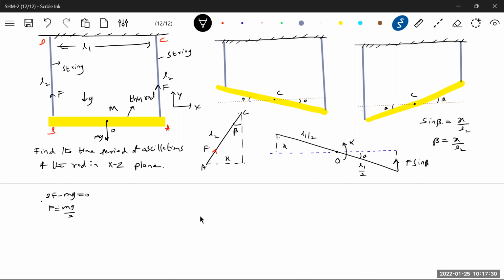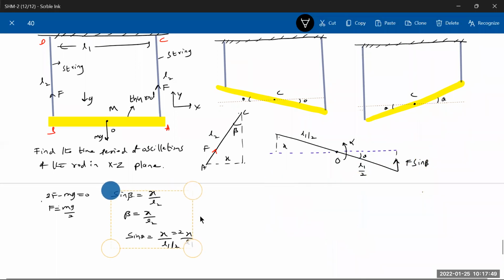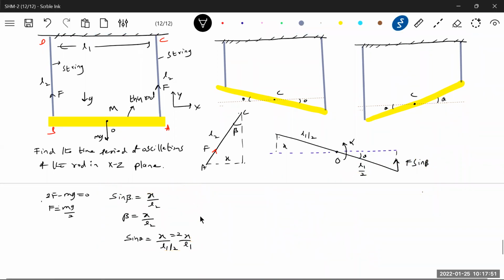Then from this triangle, sine theta equals x by L1 by 2. Theta very small, so theta becomes 2x by L1.